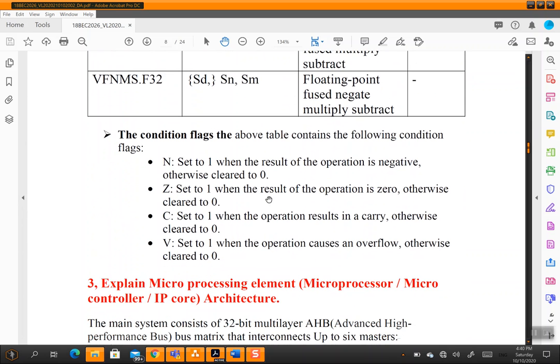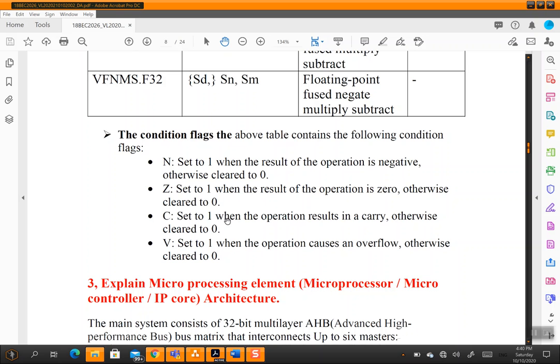I told you earlier that I'm going to explain the conditional flags. The conditional flag N is set to 1 when the result of the operation is negative, otherwise it is cleared to 0. Z is set to 1 when the result of the operation is 0, otherwise it's cleared to 0.